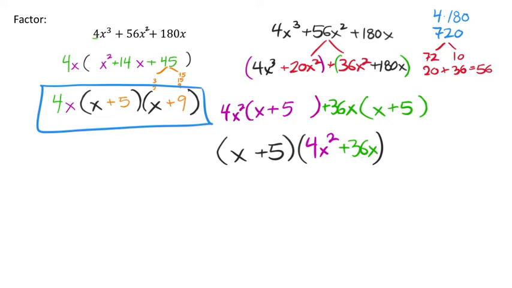So setting aside the x plus 5 right there, let's factor out from there a 4. So 4 divided by 4 is 1. 36 divided by 4 would be positive 9. And then also the x. So then we got an x left over from the first term. We took the second one out, and just writing this a little different, now I will apply the x plus 5. And we see, well, once I get rid of that, I'll just make it a phantom 1. Now we see that we end up with the same answer.